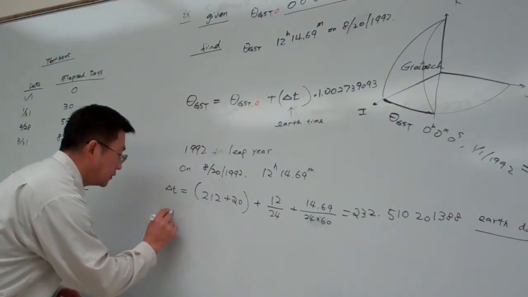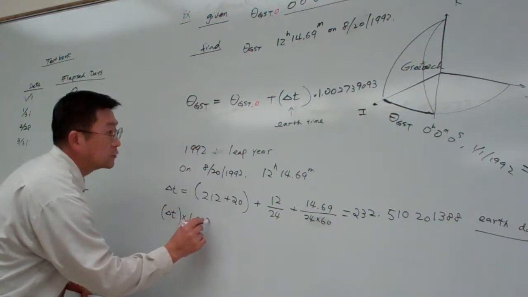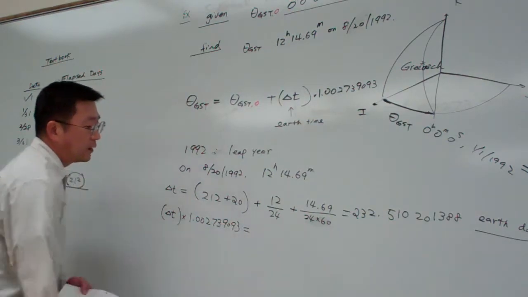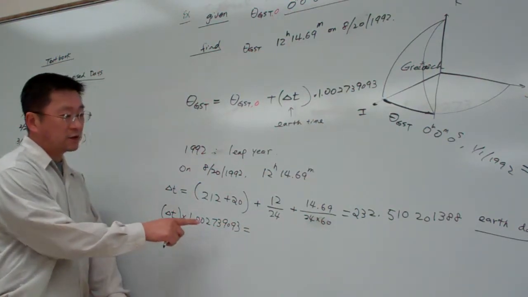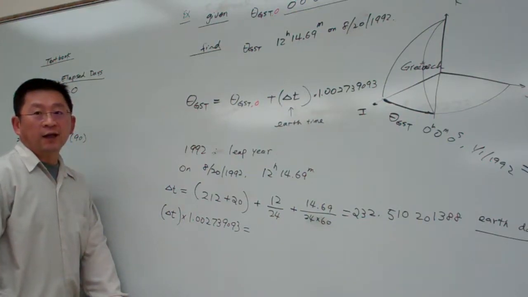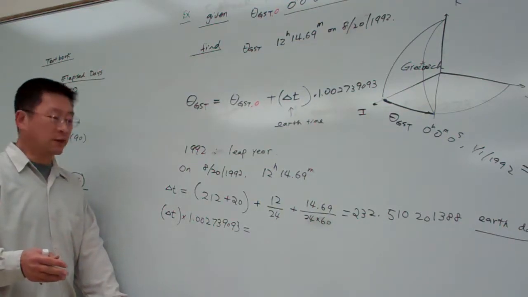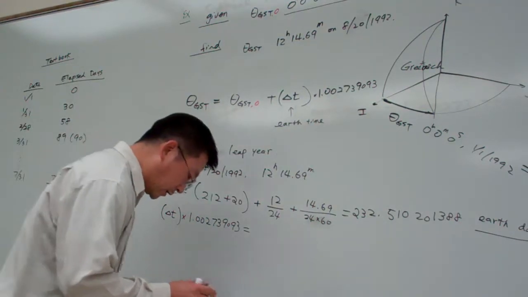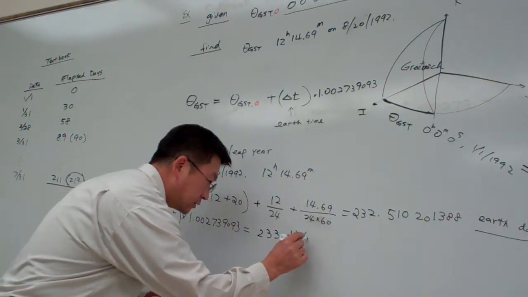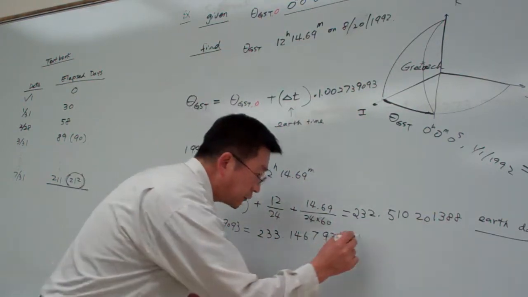So delta T multiplied by 1.002739093. For this calculation, you better keep as much detail as possible. And at the very final step, you can always truncate or approximate. So basically that is 233.1467931 sidereal days.